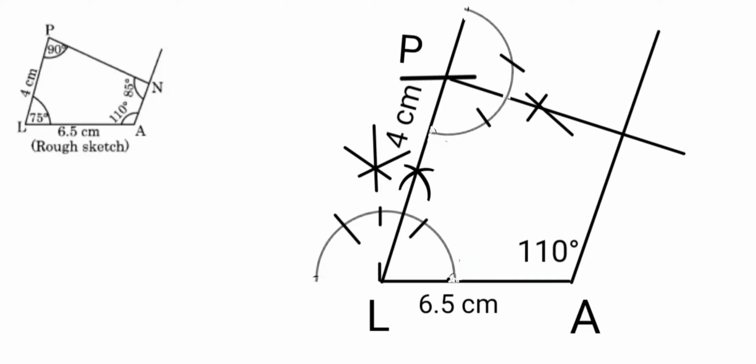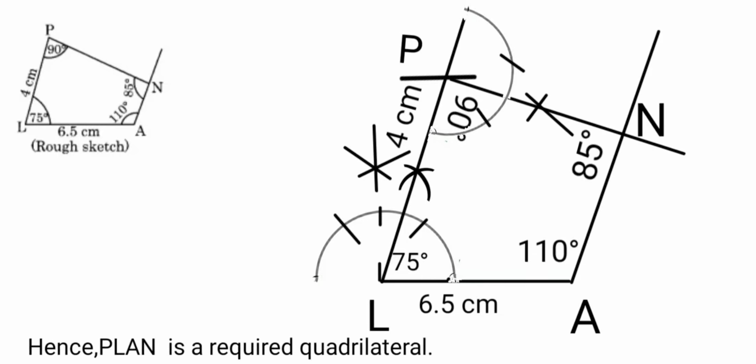Then join the line which intersects, and that intersecting point is named N. So here we get PLAN, a quadrilateral, and the measure of angle N is 85 degrees. So PLAN is the required quadrilateral.